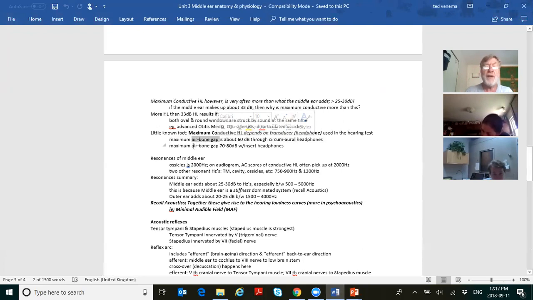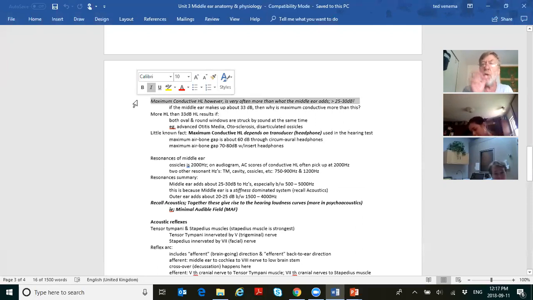And the maximum conductive hearing loss is even 70 to 80 decibels if you are using what's called insert headphones with those little yellow tips that fit inside of your ear. So the maximum conductive hearing loss depends on the headphone used to measure the hearing, but the point to take home here is the maximum conductive hearing loss is more than what the middle ear adds up.